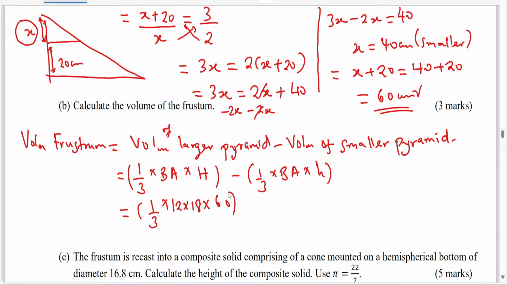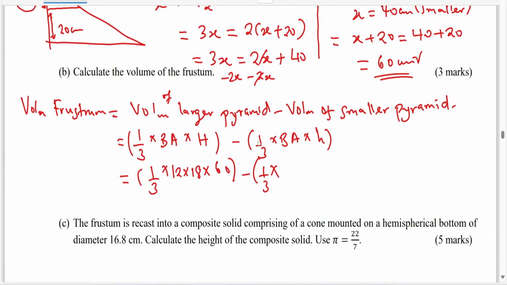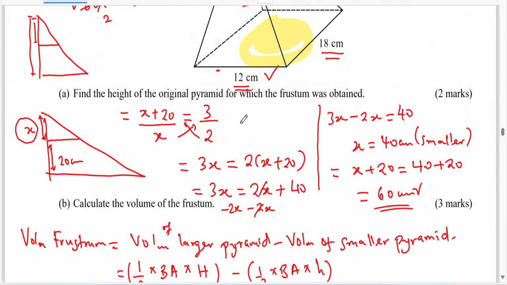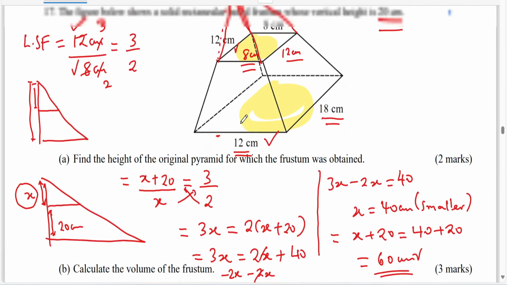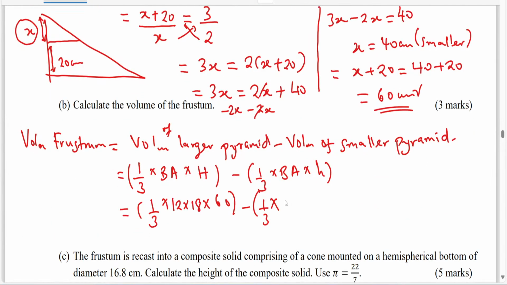Minus a third times the base area of the smaller one, which is here, we said it is 12 and 8. So don't forget that. So a third times 12 and 8. I have not confused this 12, it is 12 and 8. So a third times 12 times 8 times the height of the smaller one, which is the one we found for x, which is 40.